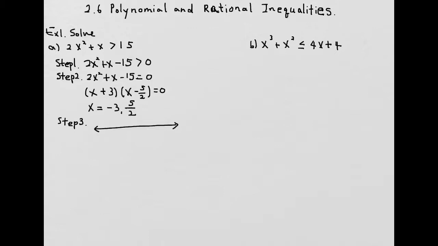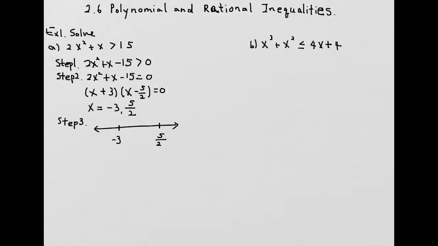So you have negative 3 somewhere here on the left side, and positive 5 over 2 on the right side. These two are the boundary points. Now we need to figure out which area will be our solution. Your options are the left side of negative 3, in between these two values, or the right side of 5 over 2.